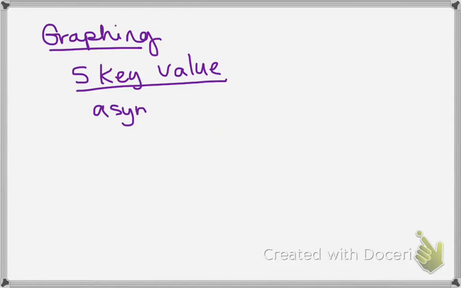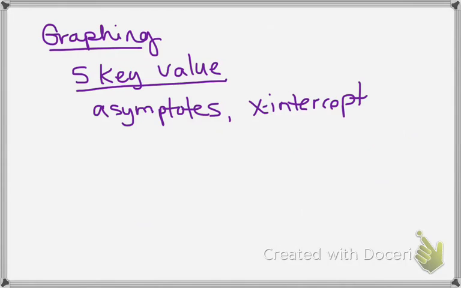So 2 of those 5 key ones are going to be your asymptotes. So you're going to have 2, 1 on either side. Then you're going to have your x-intercept, which is actually halfway between the asymptotes.